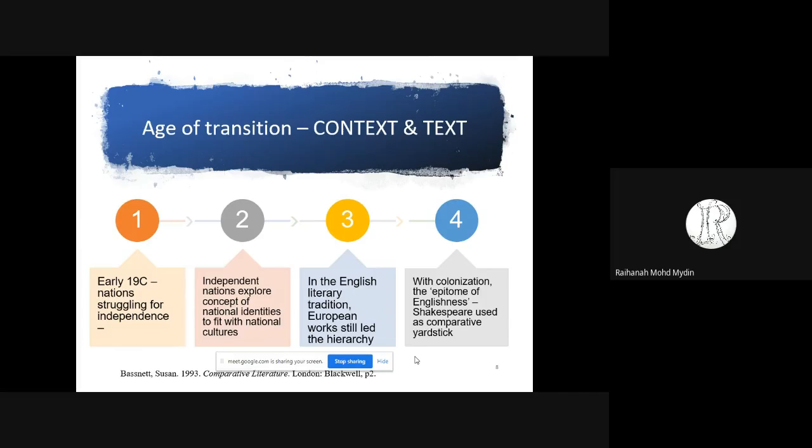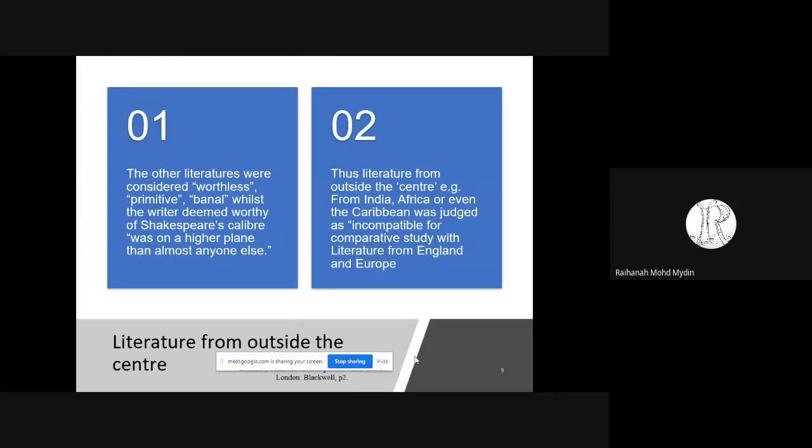And because of that also, post-independence, a lot of the writings that are being produced in English by these independent nations are still being compared to the colonial tongue and the colonial literature produced by the English writers. So that's the age of transition that we're looking at.